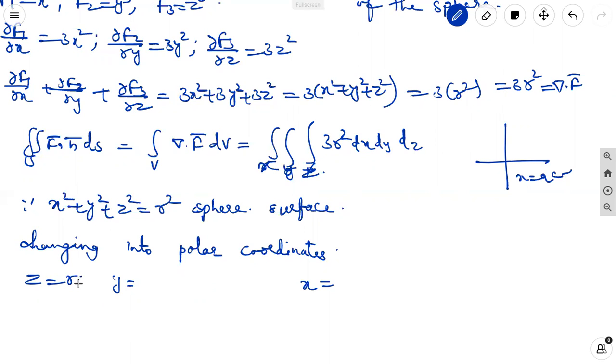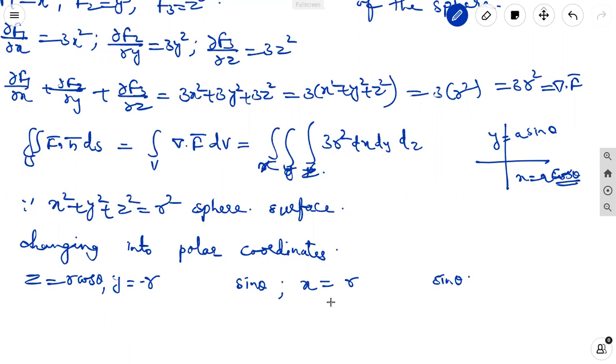Here z equal to r cos theta. When we take x equal to a cos theta, then y changes to a sin theta, so the opposite ratio we take. Here also for y, we take r sin theta, and x is also r sin theta.